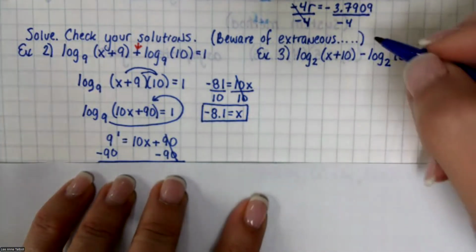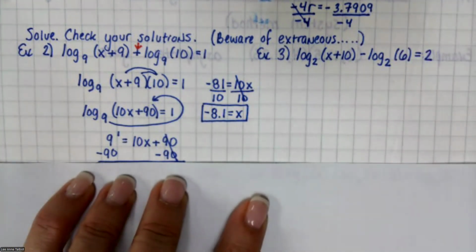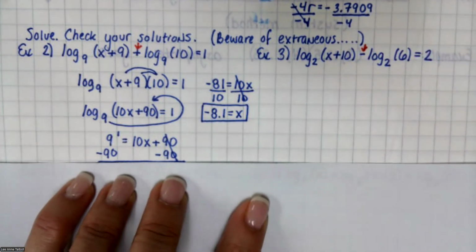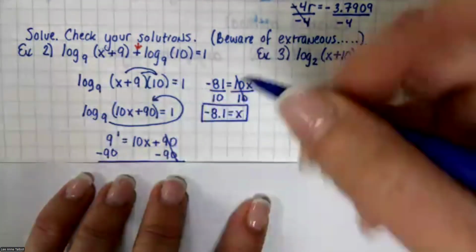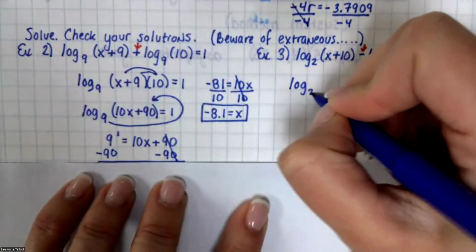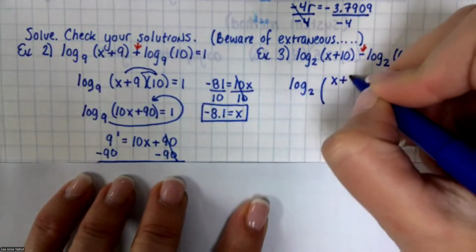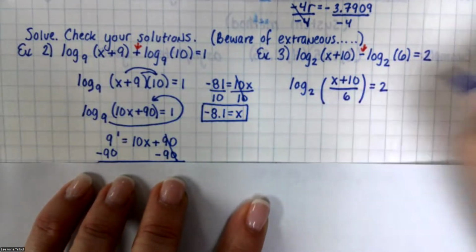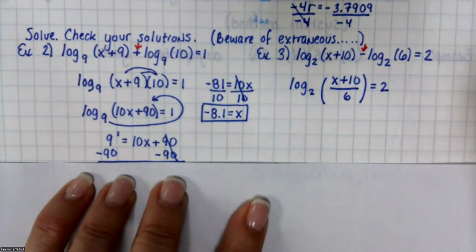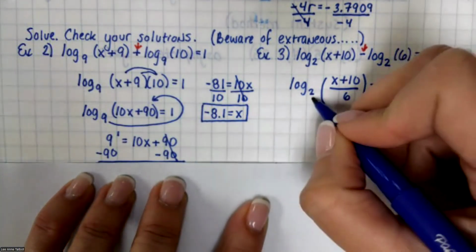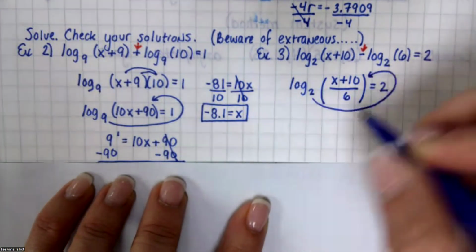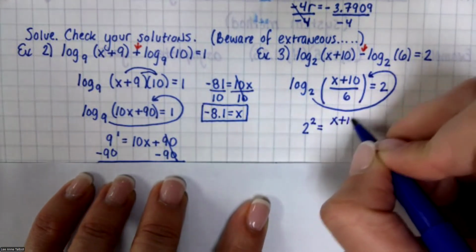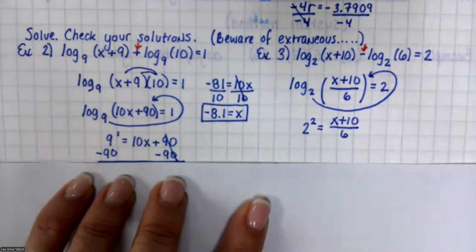Okay, so step 1. Subtraction is division. Log base 2 x plus 10 over 6 equals 2. Line and circle. 2 squared equals x plus 10 over 6.